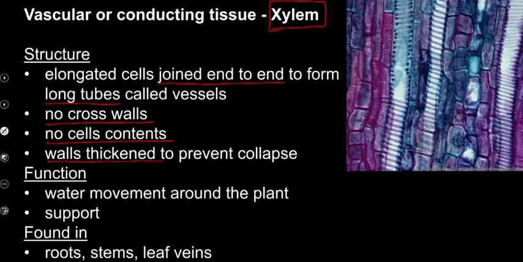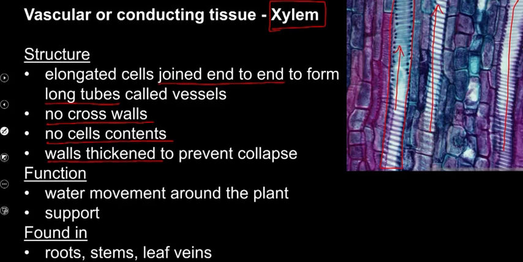And this picture here shows us that. Okay, that is a xylem vessel. There's another one, and there is another one. And you can see that they have thickenings around them to try and keep them open. It's a bit like if you've sat on a straw or stood on a straw, it's very difficult to suck anything up through a straw because the straw has actually collapsed.